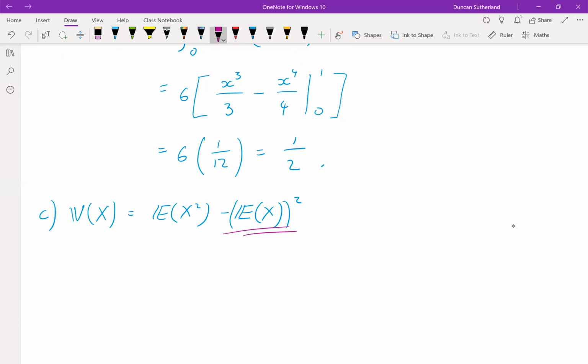We have to work out E of X squared, which is the second raw moment. So we know that this is given by the following integral. E of X squared is the integral of x squared f(x) dx.